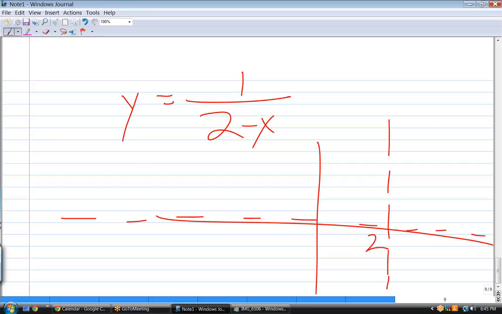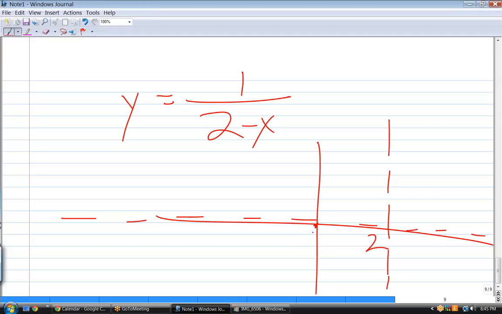Sometimes it's in first and second, but only when you start squaring stuff. So it'd be in second, or first and second? No. And how can we tell? It's either first and third or second and fourth. Well, don't guess. Tell me how I can tell. If you set x to 0, it'd be 1 over 2.